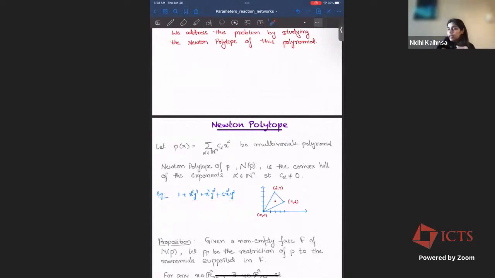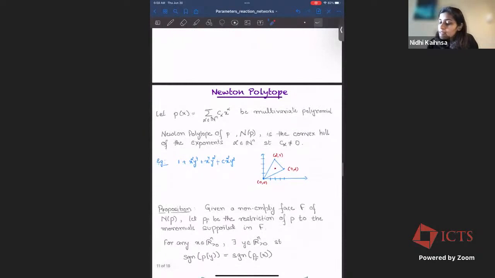Okay, so the main result that we'll be using often is this. Let's say my x2, y4 had a negative coefficient. Right now it has a positive coefficient, but what we're interested in is the sign of this polynomial.